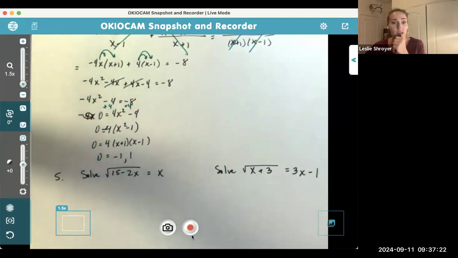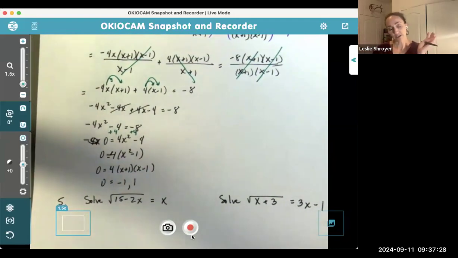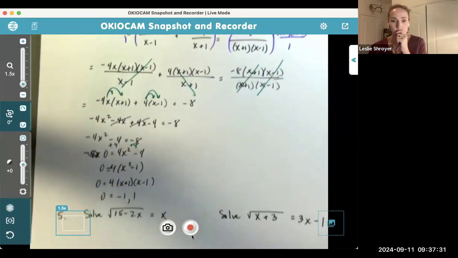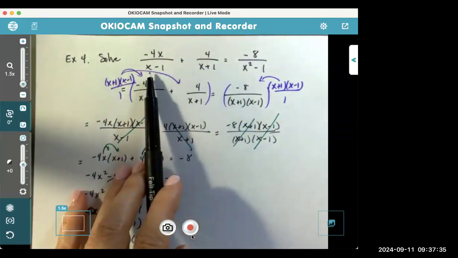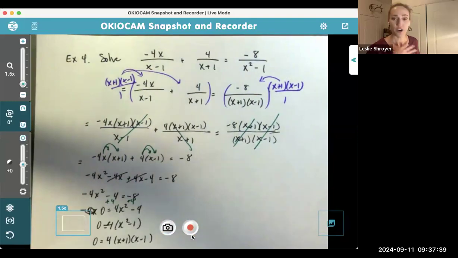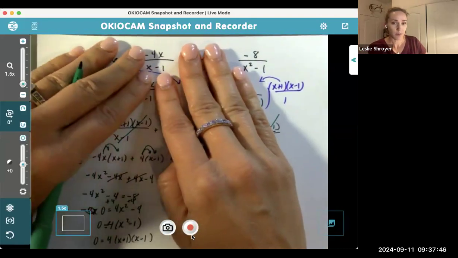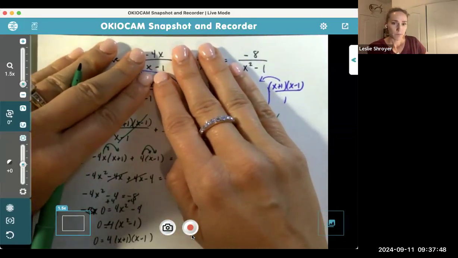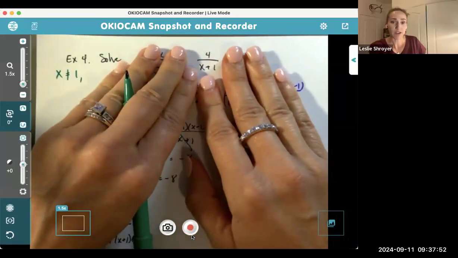But here's the kicker, right? What did we start with? Y'all are going to be annoyed, but this is why the example is here. What is in our denominators? X minus 1 and x plus 1. So what are the 2 numbers that are not allowed to be our answers? What would make me 0 here? 1. And what would make me 0 here?